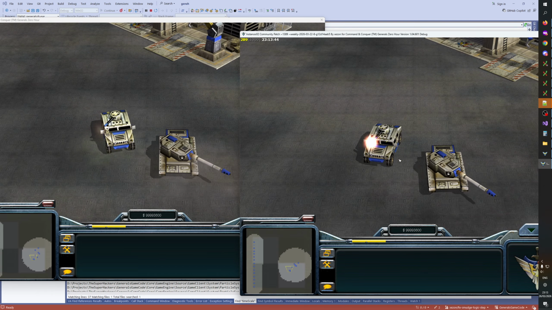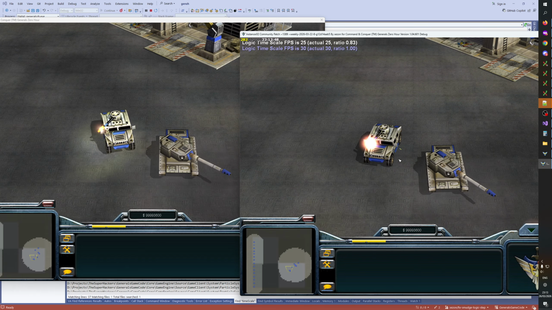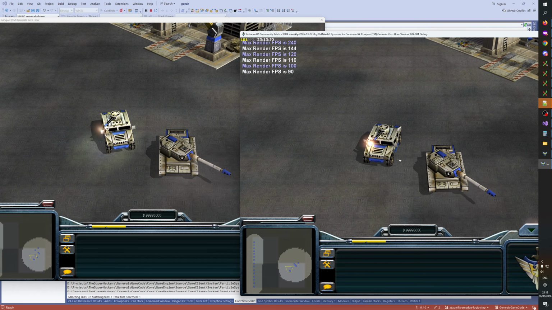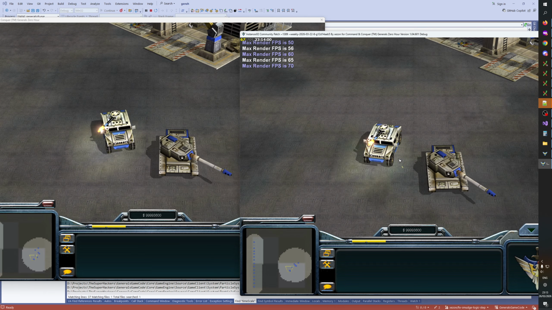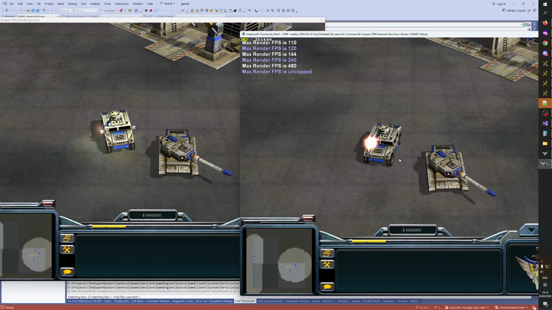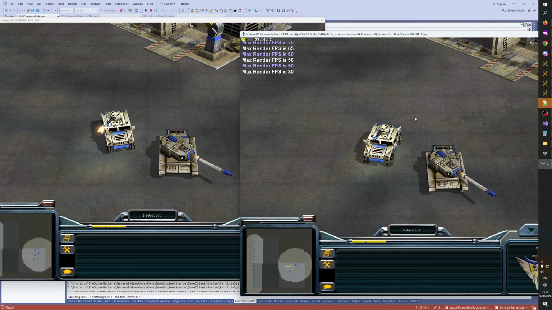Let's say we lower the frame rates. Why is this happening?